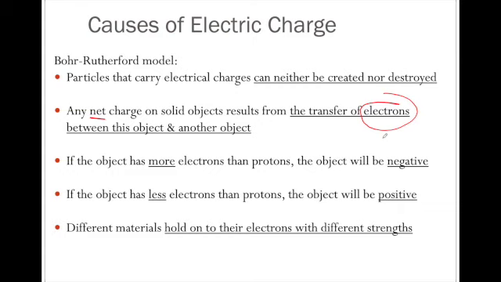Those are instances of electrons being transferred. There's no chemical reaction per se happening there, but electrons are transferring from one object, maybe your hair, to the comb or the hairbrush you're using. Electrons going from one to the other.